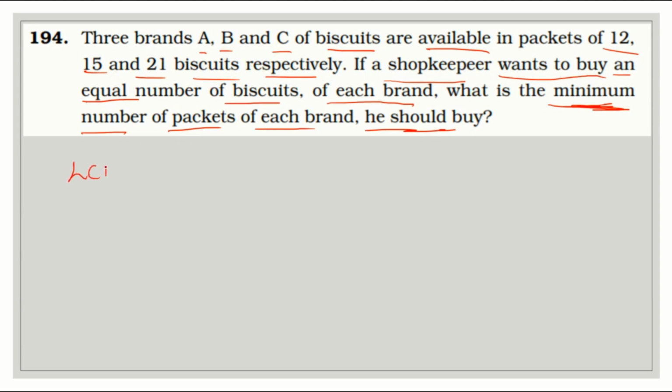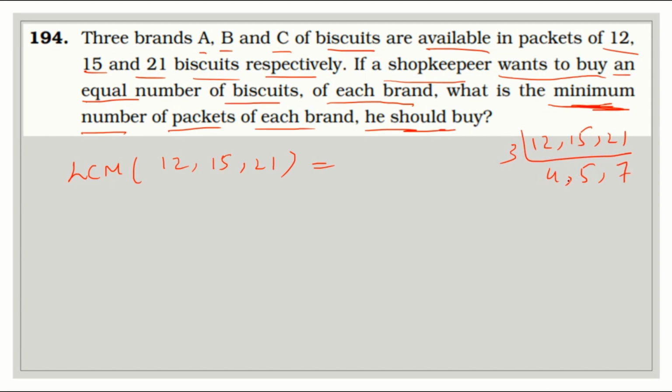Here if you find the LCM of 20, 15 and 21, which gives a number which is appropriately divisible by all these 3 biscuit packets, that means the LCM of 20, 15, 21 is 4 5s, 3 5s, 3 7s.